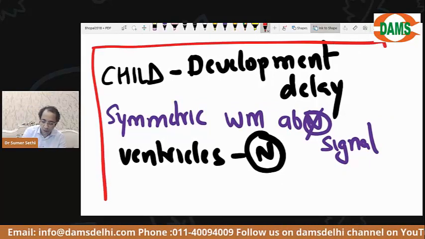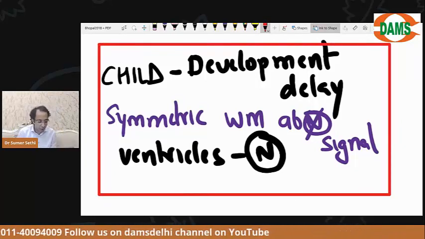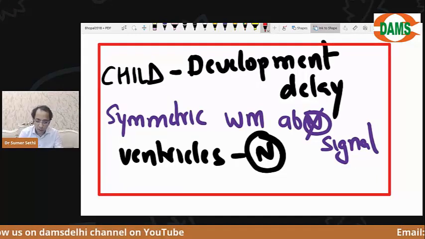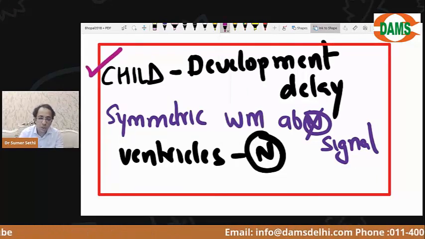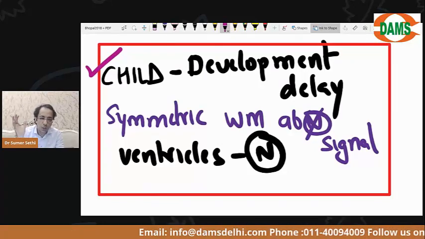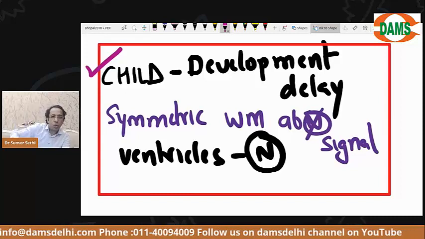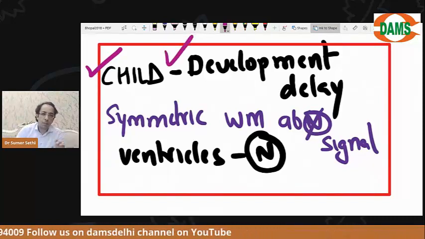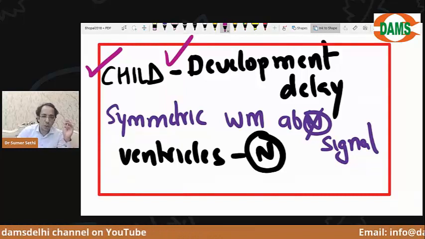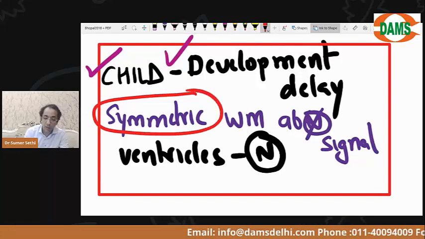Question is, see the sample questionnaire. This is the clinical vignette. You have to think of it and answer. The age group is pediatric. The disorder is not an acute disorder. We are not looking at viral encephalitis or something like this because there is no acute fever and altered sensorium. The problem is developmental delay. The illness has been going on for a long time. This is not a short duration illness. The problem is symmetry.